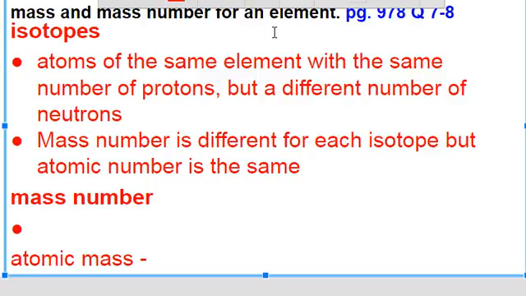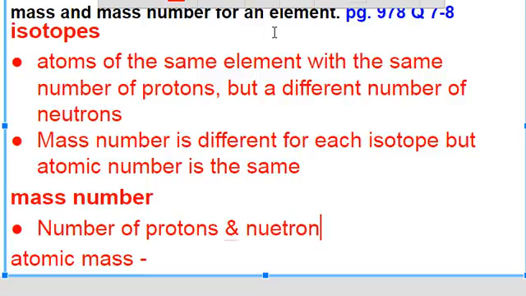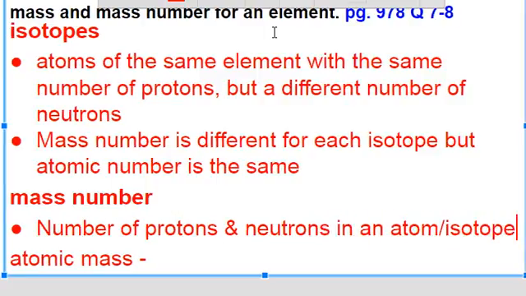It's the number of protons and neutrons. It's the protons and neutrons added together. Okay, so it's the number of protons and neutrons in an atom or isotope.